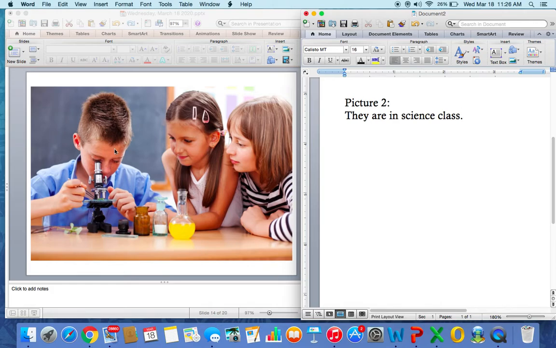If we talk about this boy, you write a sentence. Like I said, this is called a microscope. We can put, the boy is looking into a microscope.